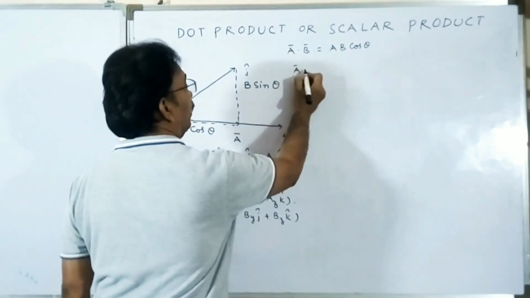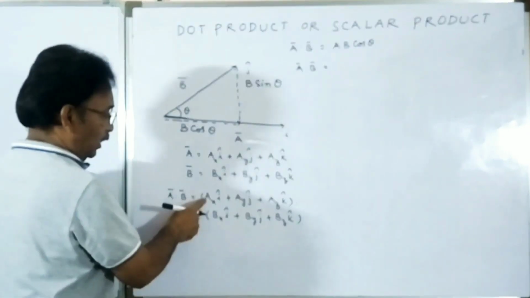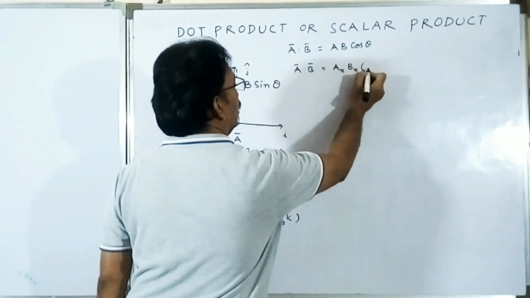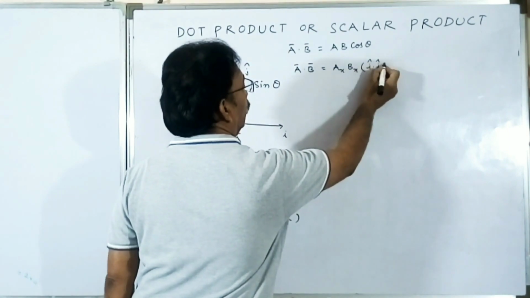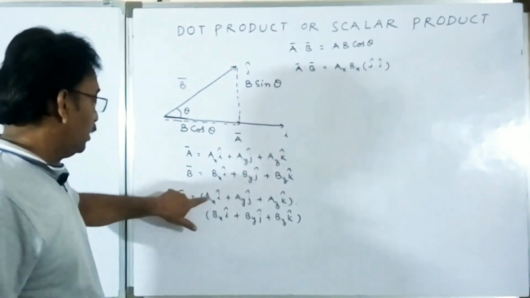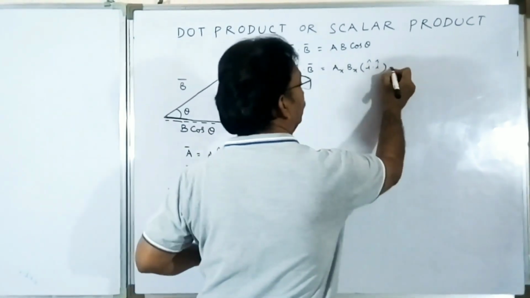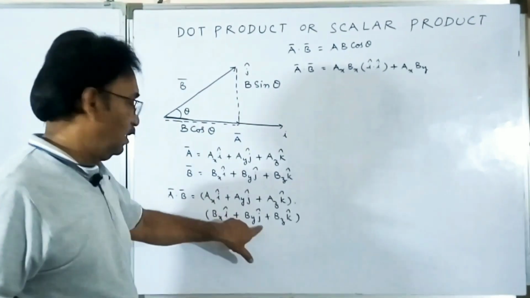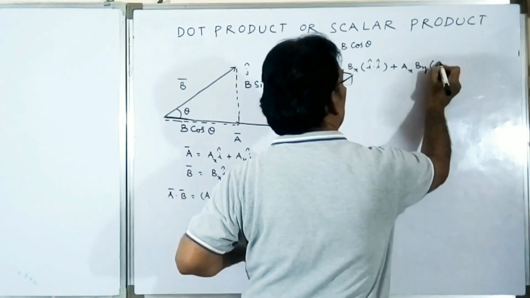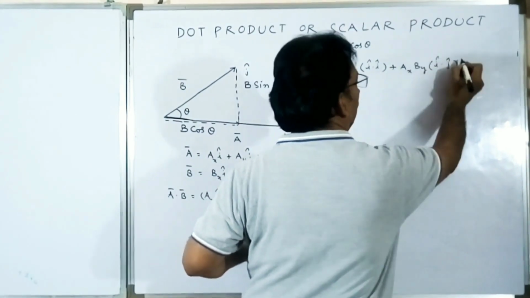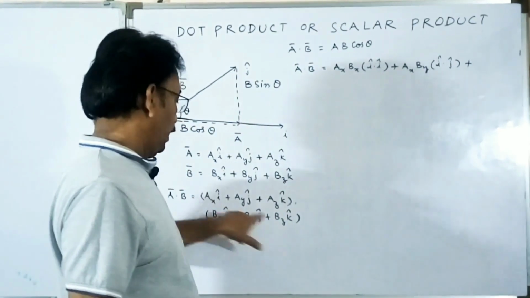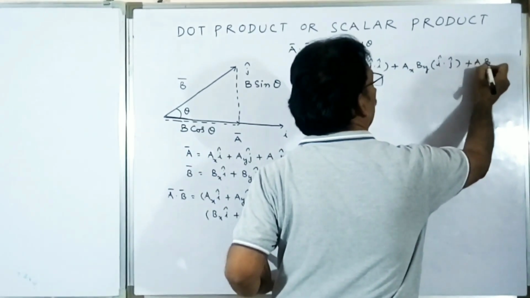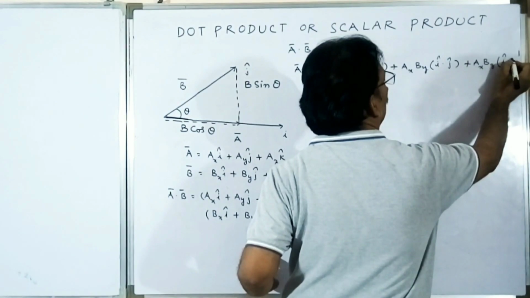But A bar dot B bar becomes AxBx into i cap dot i cap, plus the next term AxBy, i cap dot j cap, plus AxBz, i cap dot k cap.